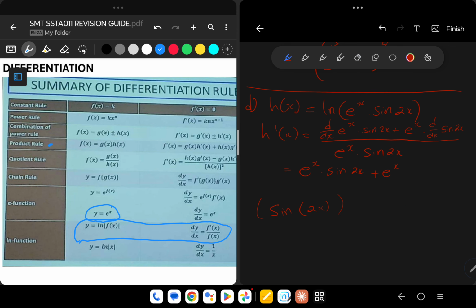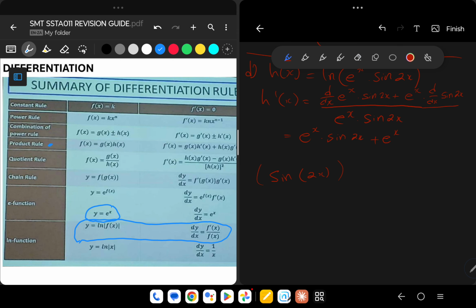So, we need to derive what? Derive our sine 2x. We derive this sine, and also derive this 2x. Let's assume 2x is just a. So you must derive the sine function, and also derive the a.